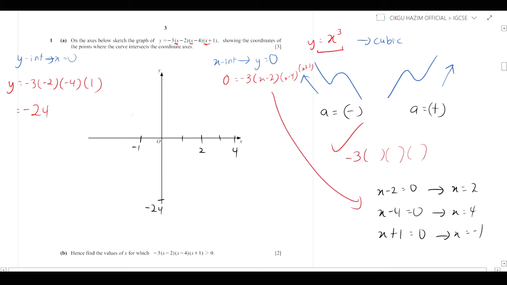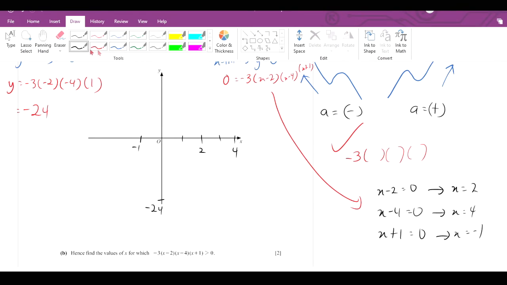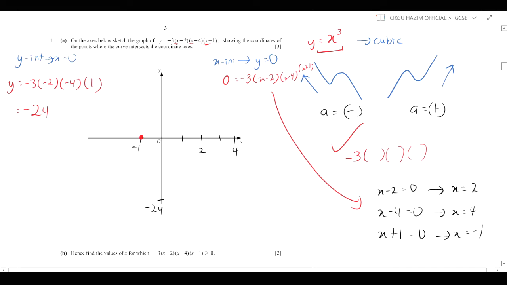So we have those points. Then the points that the graph must touch are this point, this point, this point, and this point. Sketch the graph. It needs to be shaped like that. Then it will be like that. It doesn't really need to be precise sketching here, but make sure that your sketch has the correct shape.